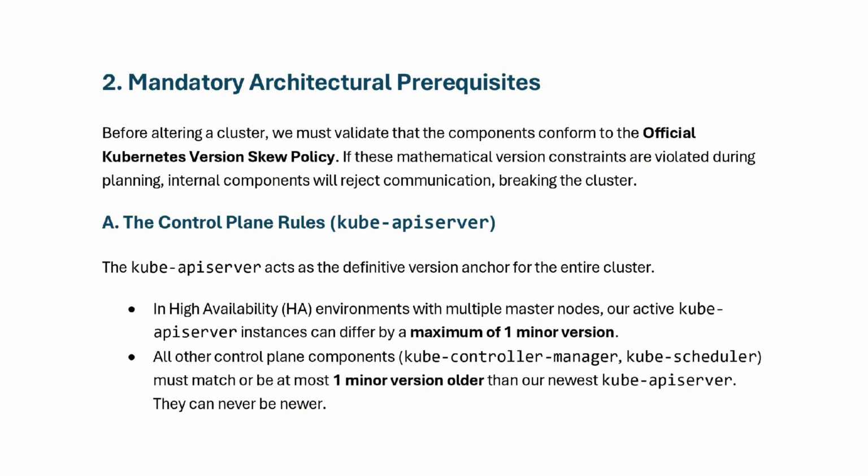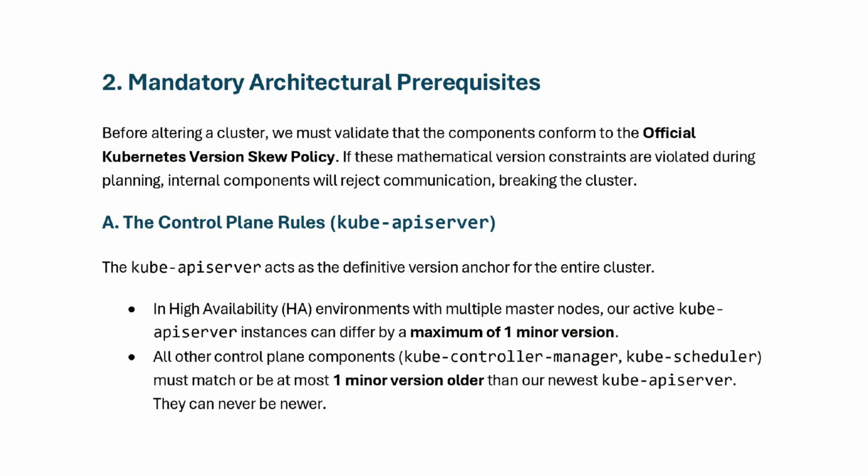This means that in high availability environments with multiple master nodes, our kube-apiserver instances can only differ by a maximum of one minor version. Meaning if one kube-apiserver is at version 3, the others must be at least at version 2, not version 1.